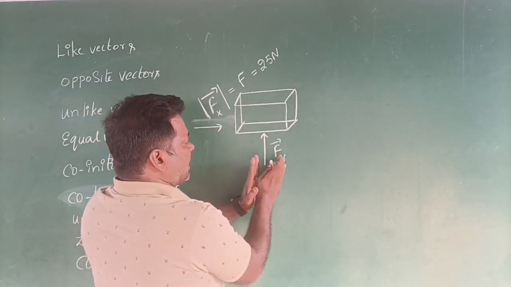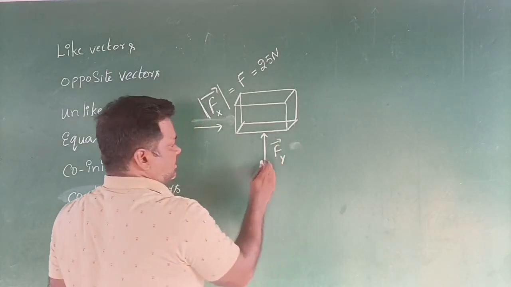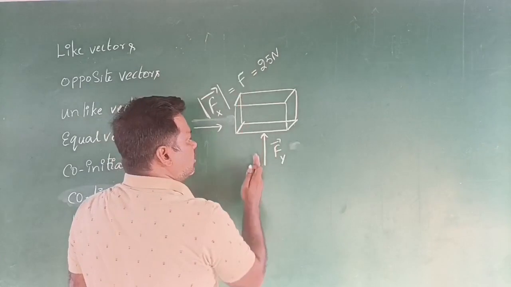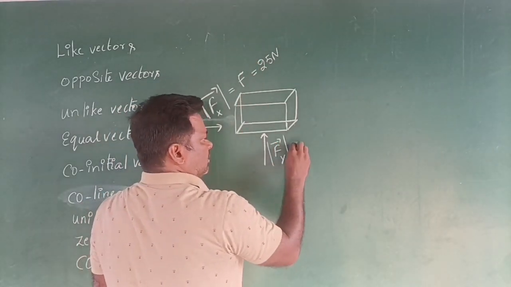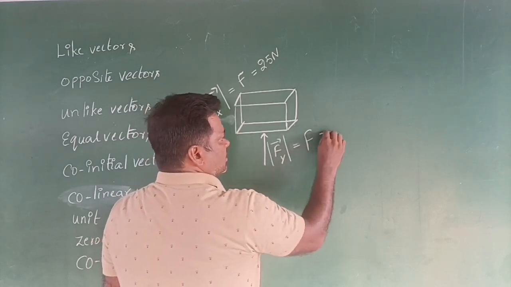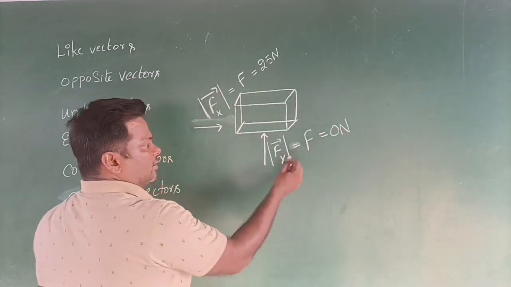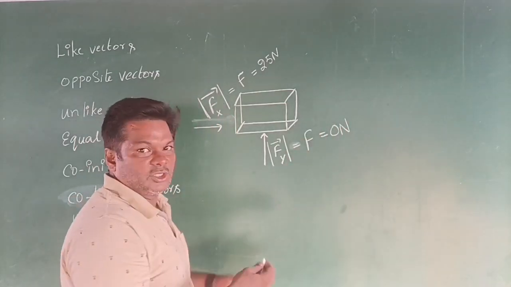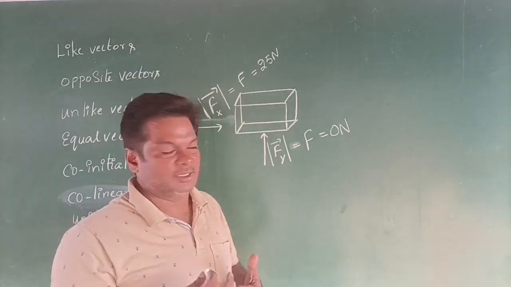What about the force acting along the y-axis? The magnitude of force along the y-axis, F along y-axis, is equal to 0 newtons. So here this force vector is a zero vector. No force is acting along the y-axis.